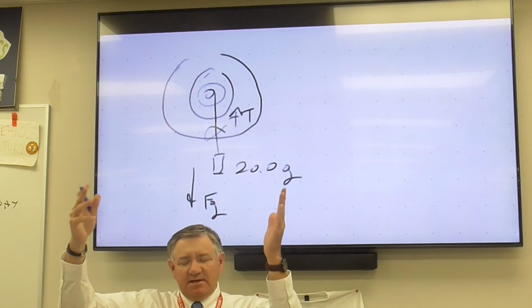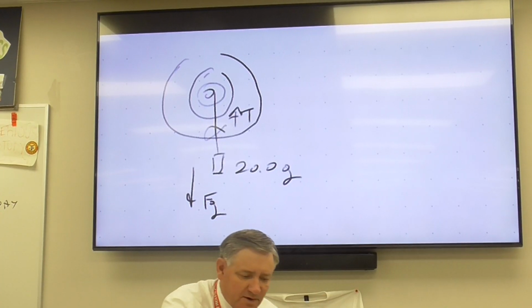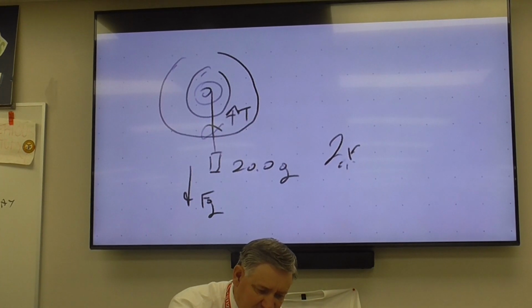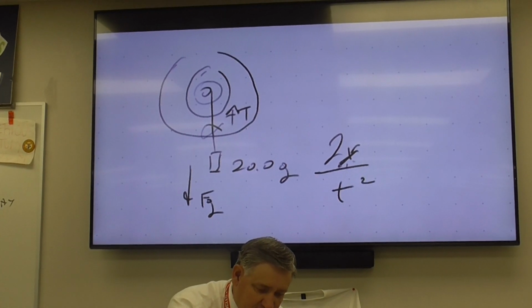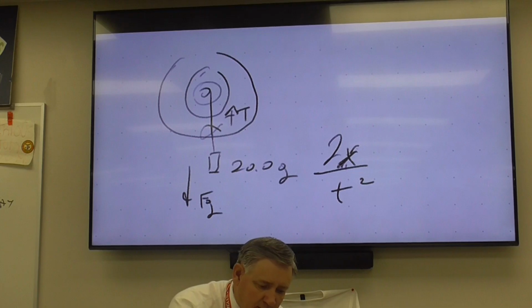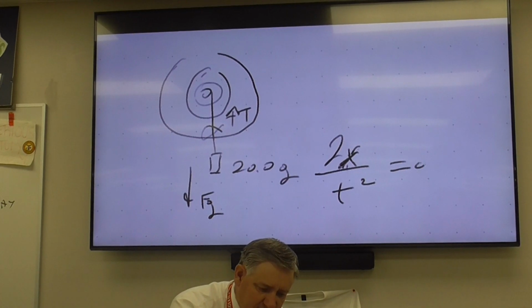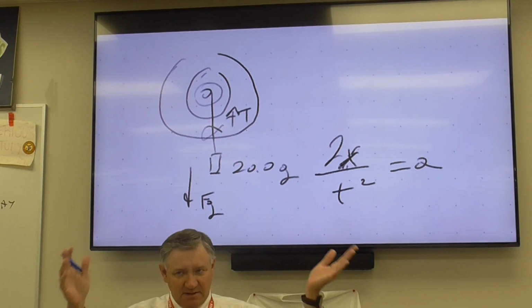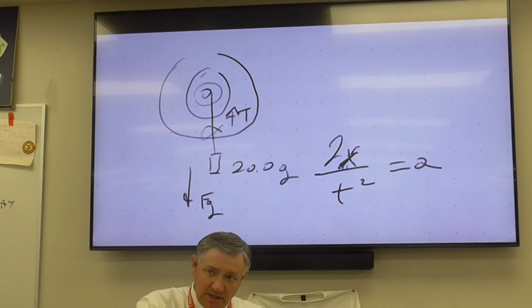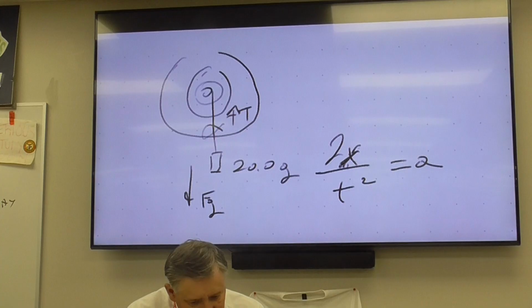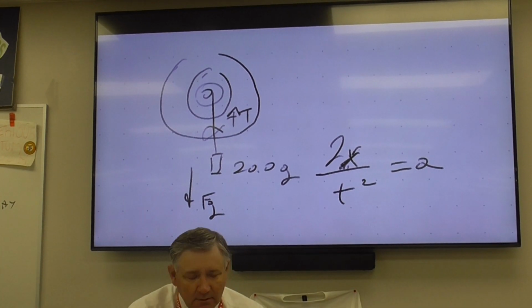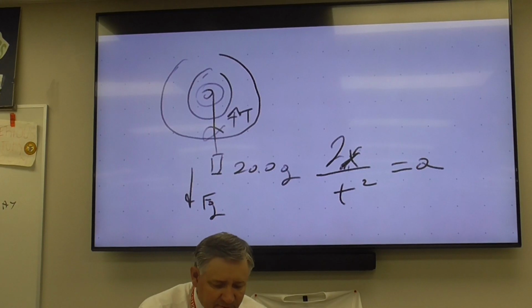Just show me, the main thing I'm looking for there is that you understand that you took 2 times the distance that it fell, divide that by t squared to get your linear acceleration. That's the only thing I'm really looking for in that box, is that you understand this is how we get our linear acceleration, which should be a positive value. Don't make displacement negative.